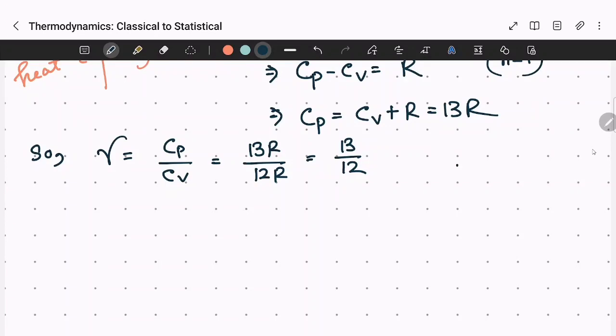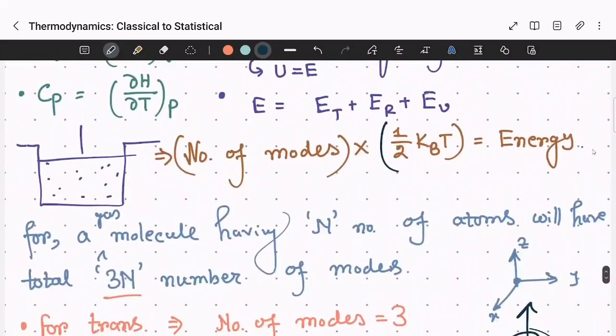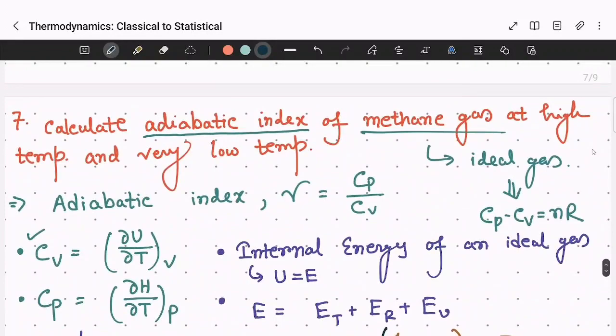Let me calculate 13 by 12. It's 1.08 something, so it's actually 1.08. But this total calculation that I have done here is for high temperature. If you look at the question, yes, high temperature.